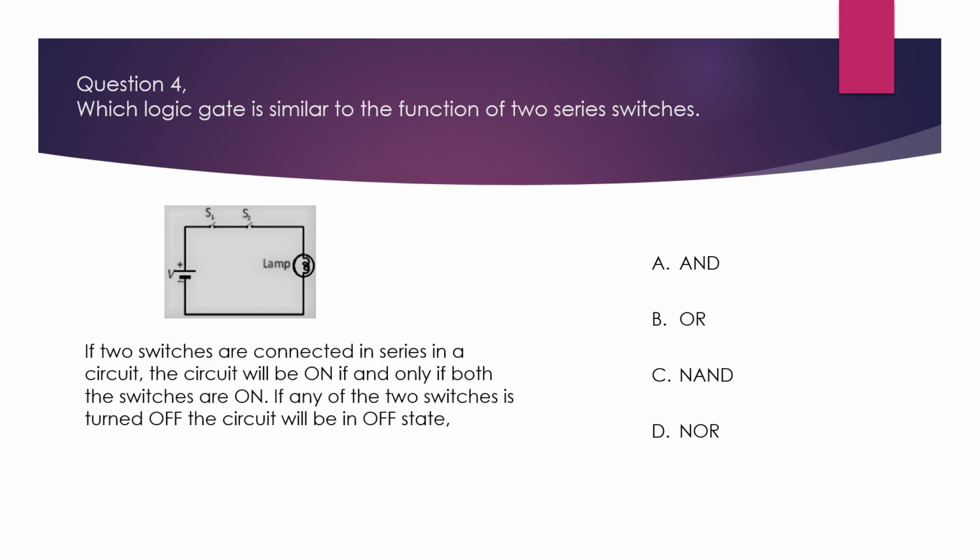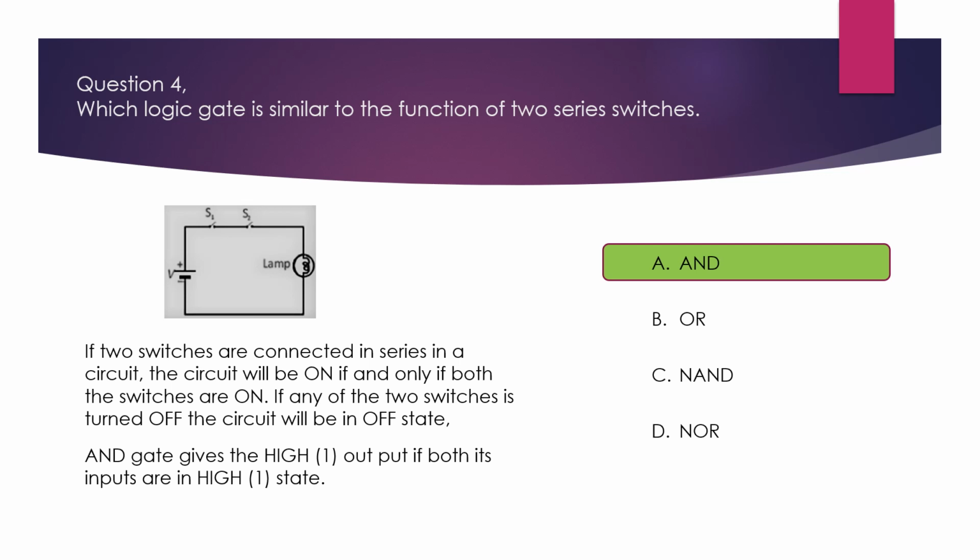So if two switches are connected in series, the circuit will be on if and only if both the switches are on. If any of the two switches is turned off, the circuit will be in the off state. An AND gate gives a high output if both its inputs are in the high state. So the correct option here is AND.